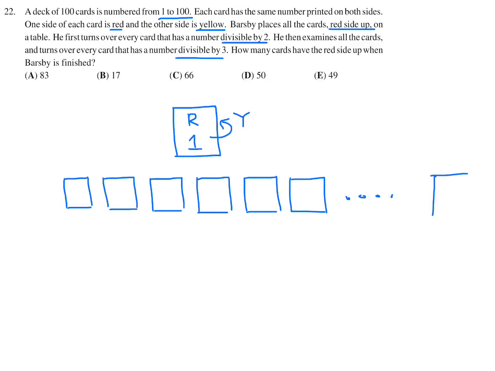All right, so initially you have 100 red cards like that. So this is red, this is red, this is red, and so on. That's the first step. And these cards are labeled 1, 2, 3, 4, 5, 6, all the way to 100.